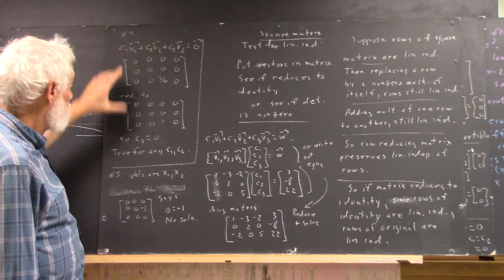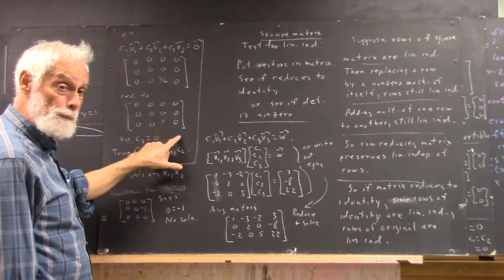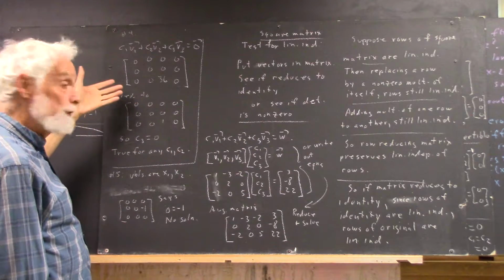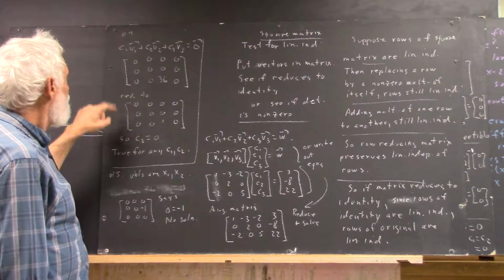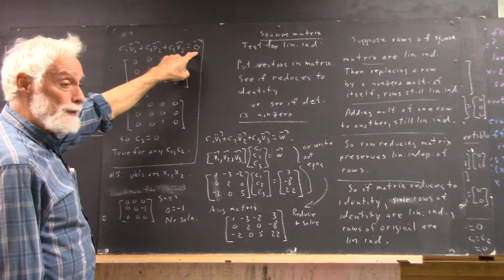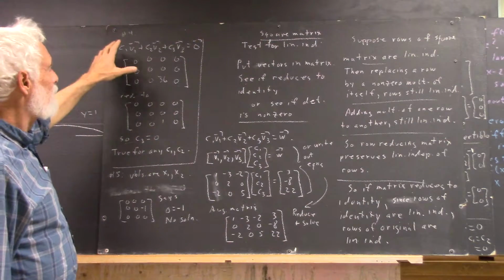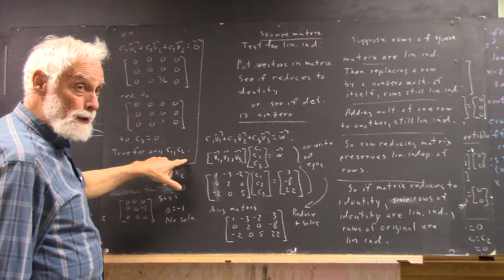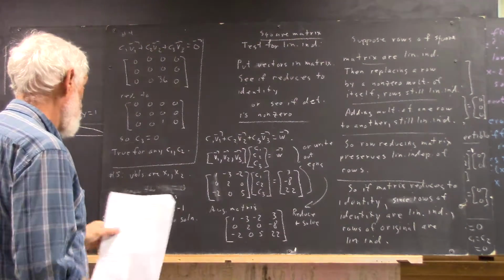So this system is equivalent to this system, and this system says that C3 equals 0. That's all it says. It says nothing about C1 and C2, does it? That means that any C1 and C2 would constitute a solution to the system, okay?